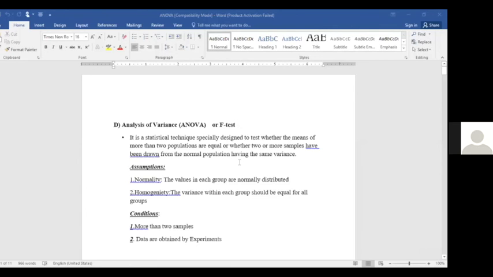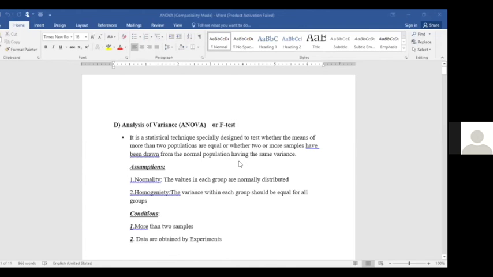So you are having 3 samples, and the mean scores have been calculated. After calculating the mean score, you want to see whether there is a significant difference in the mean score or not. Earlier for 2 samples you did T testing. Now if it's more than 2, you can go for ANOVA.